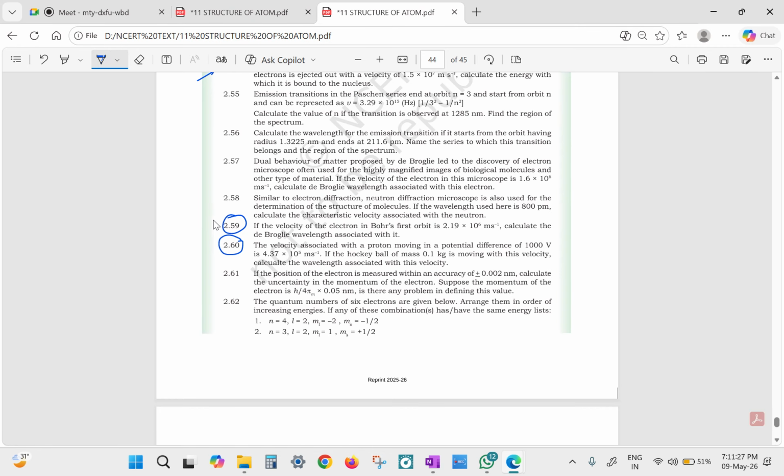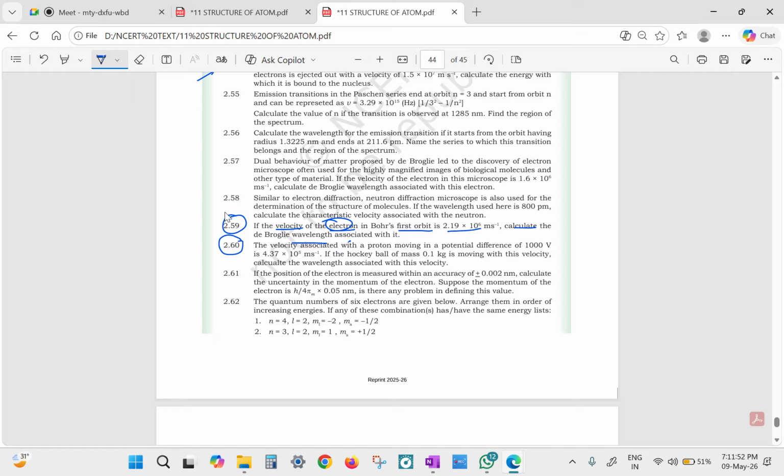Of course, they have said de Broglie. Even if they had not told that it is de Broglie, you should be in a position to know. The velocity of an electron in the Bohr's orbit, calculate the wavelength associated. So the electron is treated as an object which is revolving around the nucleus.